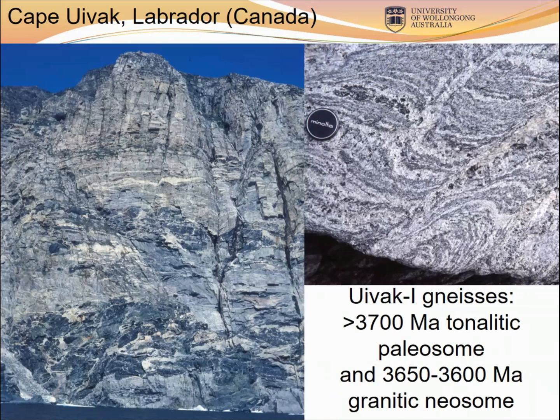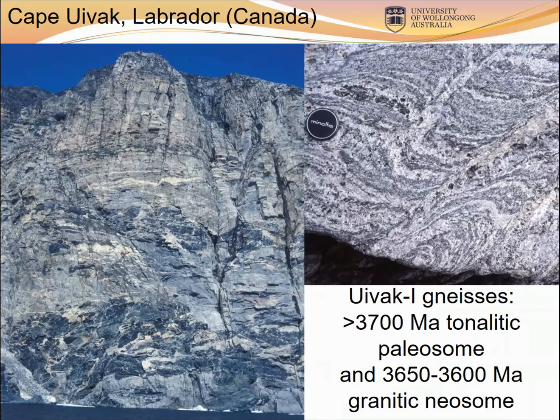So you get this complexity on all scales from a very high cliff down to small parts of single outcrops. So in this particular case, you've got so-called tonalitic Paleosome, in other words, the old bit of the rock, and a slightly younger Neosome of granitic composition, in other words, a slightly younger bit of the rock, as the white bands there.